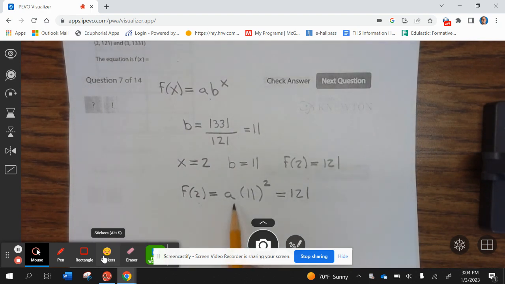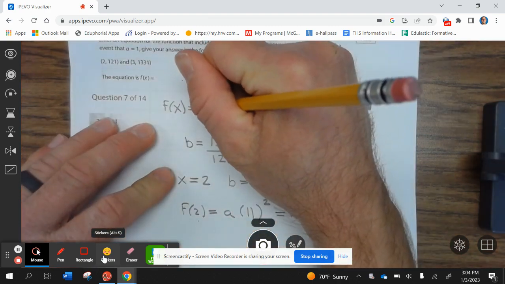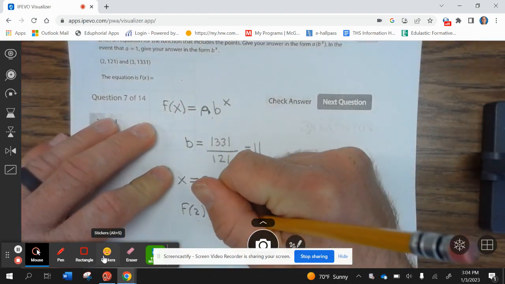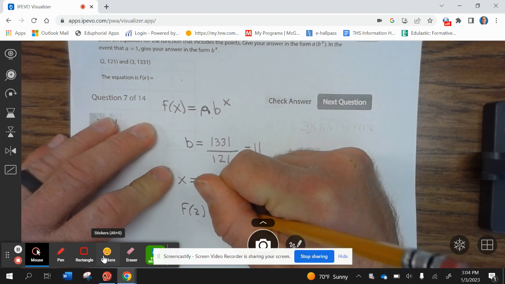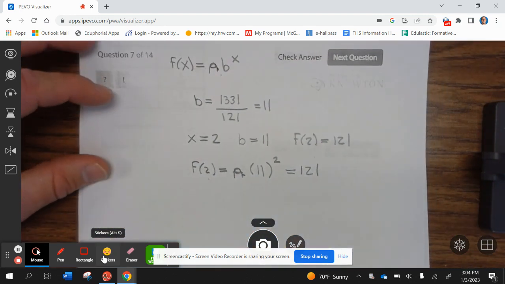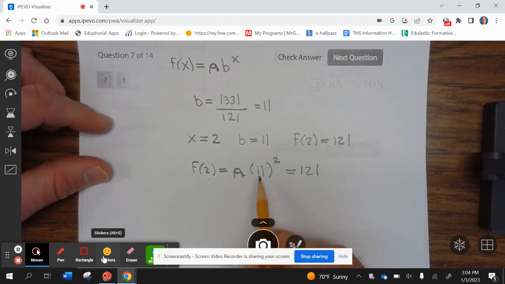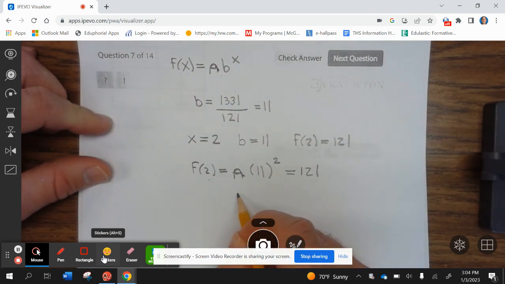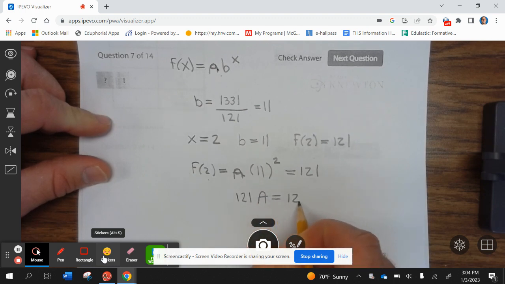Now, my lowercase a's are a little hard to see, so I'm going to change these to capital A's, so there's no confusion between the numbers. So 11 squared is 121, so that's 121 times A equals 121.